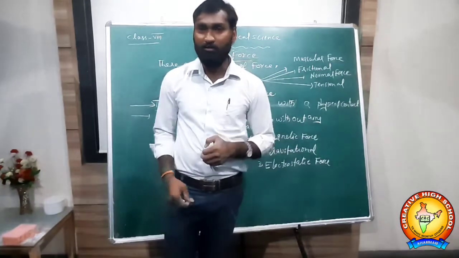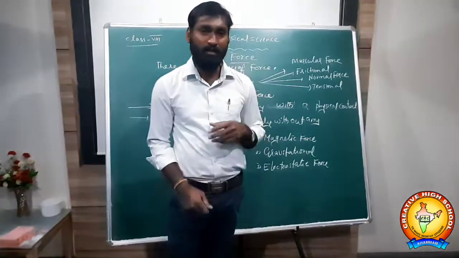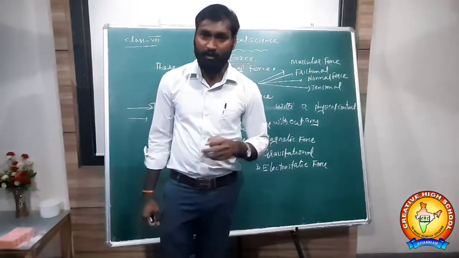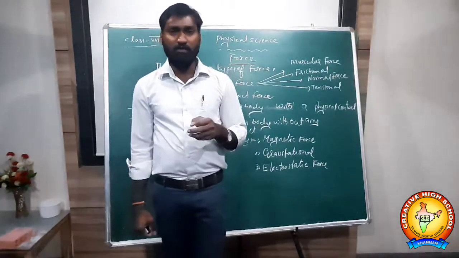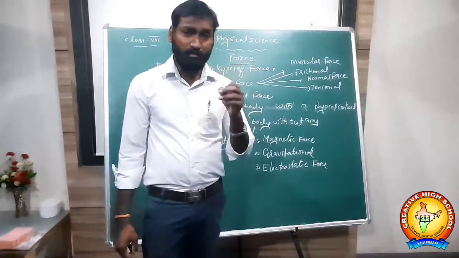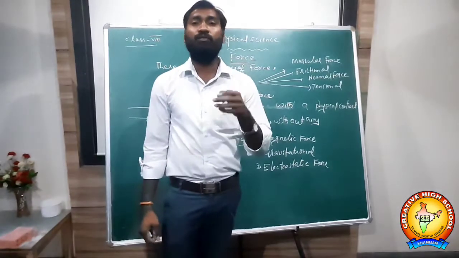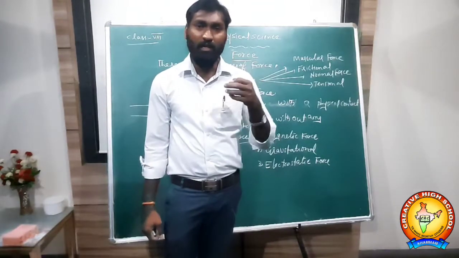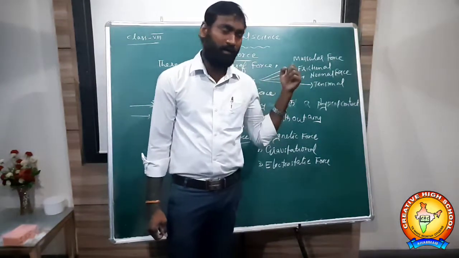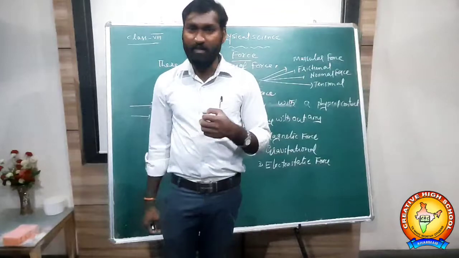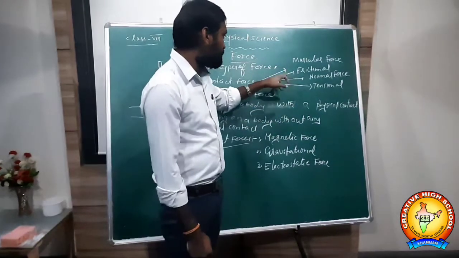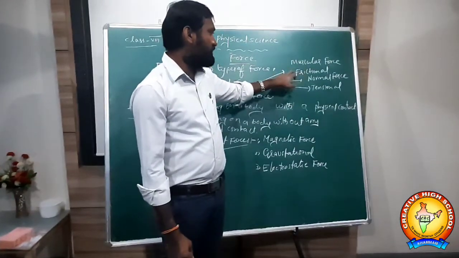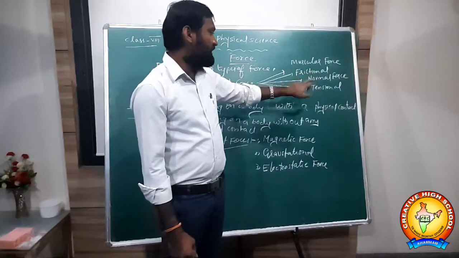Next, how many types of force are there? Two types: contact and non-contact. What is contact force? The force acting on a body with direct physical contact is called contact force. Examples of contact forces are muscular force, frictional force, normal force, and tensional force.